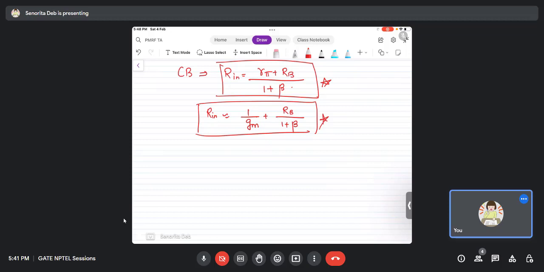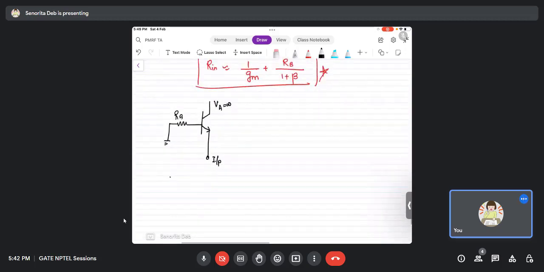So now what we have seen is that for a common base, if the input is here, Va is infinity and there is a base resistance Rb, then if we see from here, we get Rin as 1 by Gm plus Rb by 1 plus beta.